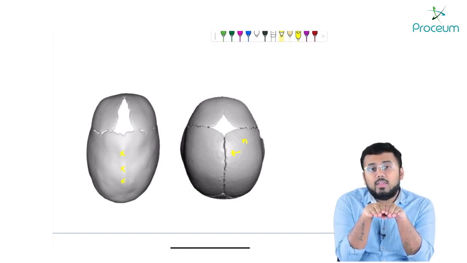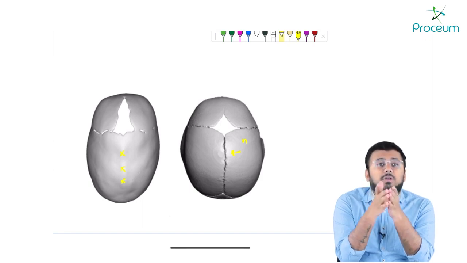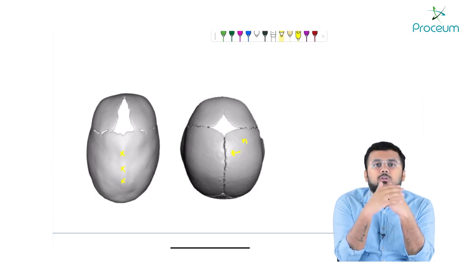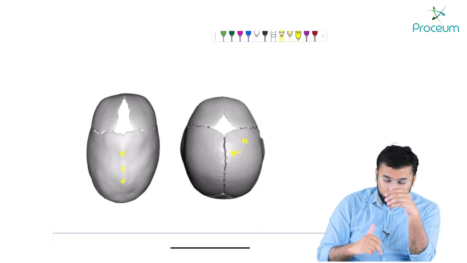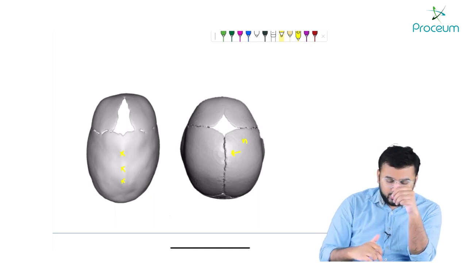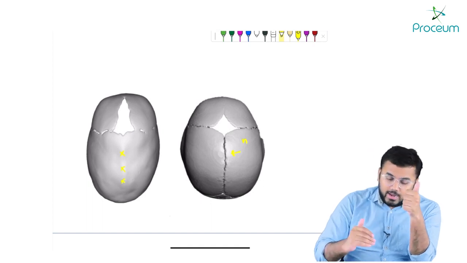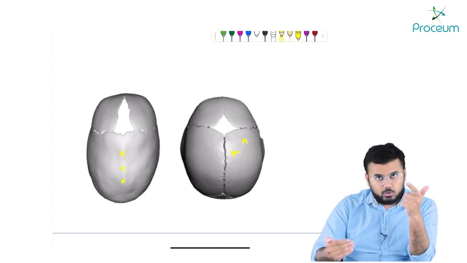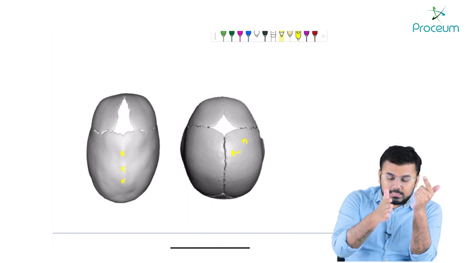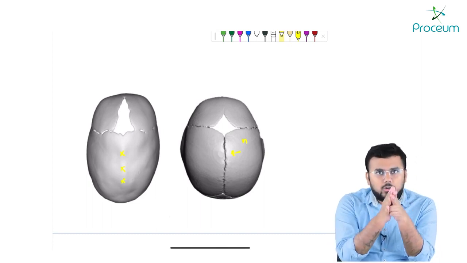So the only way the brain can develop right now is that wherever there is space, it will try to grow in that way. Which sutures are not closed here? In this picture you cannot see the occipital suture, but the occipital suture is not closed, and in the front the coronal suture is not closed, and in the anterior side the metopic suture is also not closed.